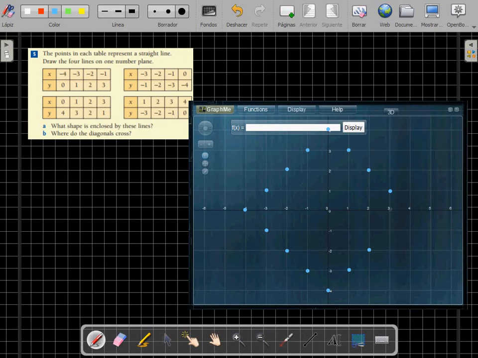So from 3 in x, we move down until we reach the -1 in y. Finally, the last point is going to be 4 in x, 0 in y. So from 4 in x, we're not going to move up, nor down. We leave it there because it's 0 in y. 4 in x, 0 in y.